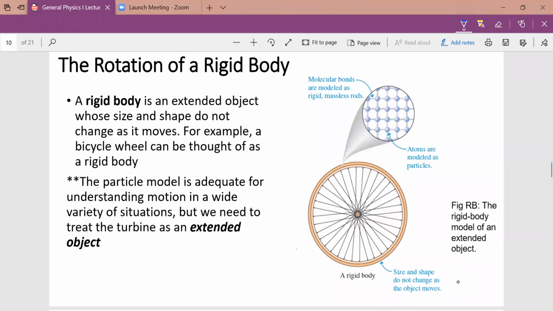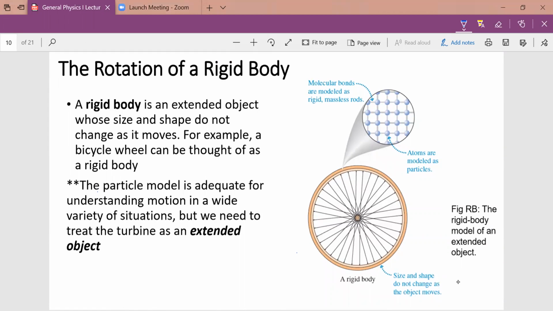Yes. All right. So let's quickly run through the second half of our class, which is the rotation of a rigid body. What do we mean by rigid body? A rigid body is an extended object, note this, whose size and shape do not change as the body moves.